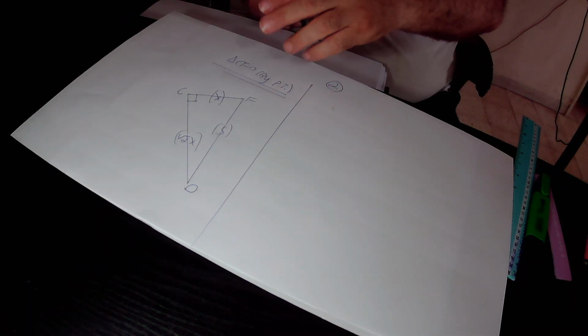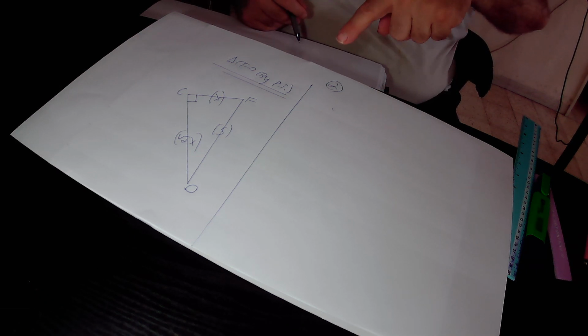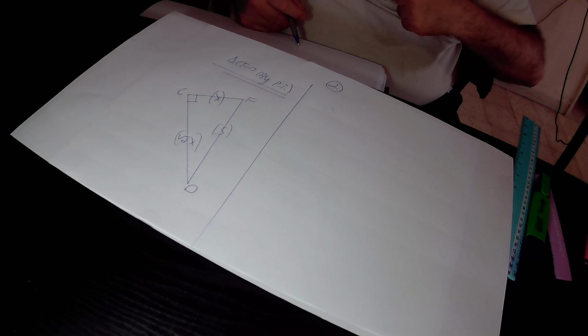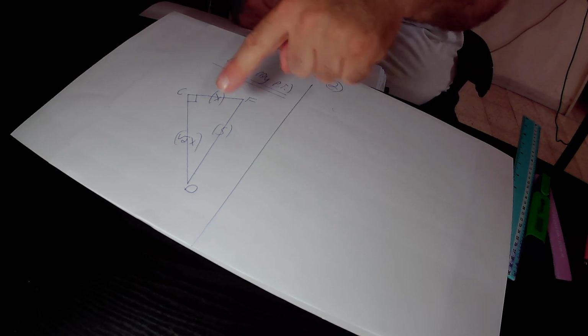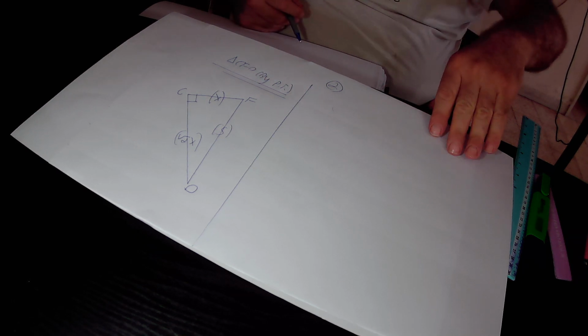So actually, this is the right-angled green triangle CFO from the original drawing. According to the Pythagoras theorem, in this right triangle CFO, FO square, that is the square of the hypotenuse, equals FC square plus CO square. Again, FO square equals FC square plus CO square. So I write it down.